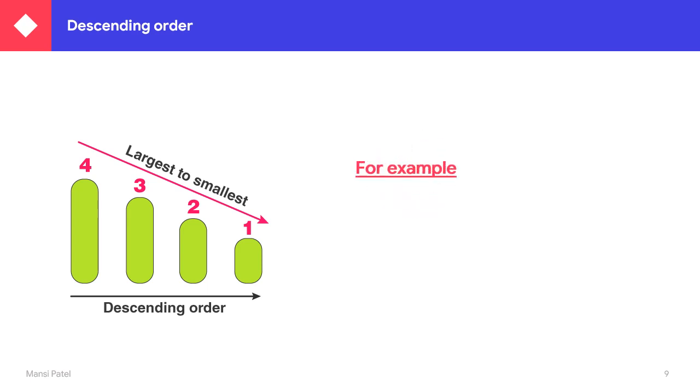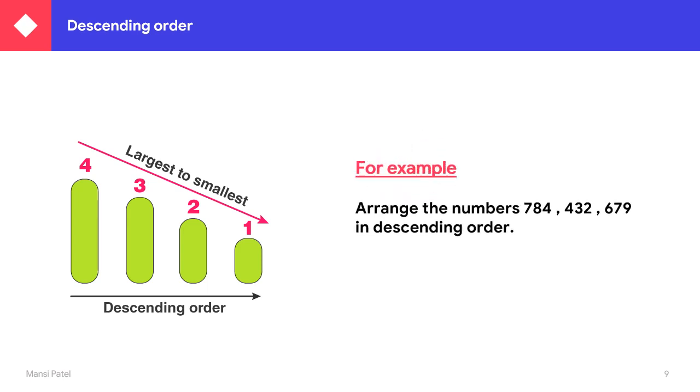One more example for descending order. Arrange the numbers 784, 432 and 679 in decreasing order. See here, which one is the biggest number, which one is the largest number? See, 784 is the largest number.